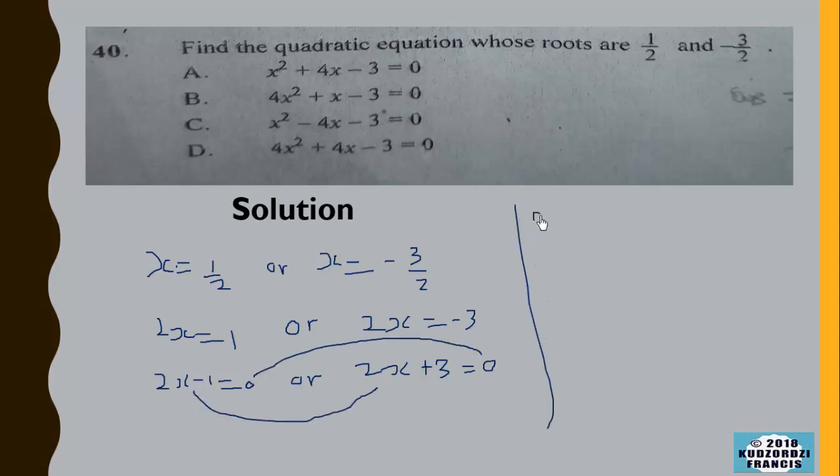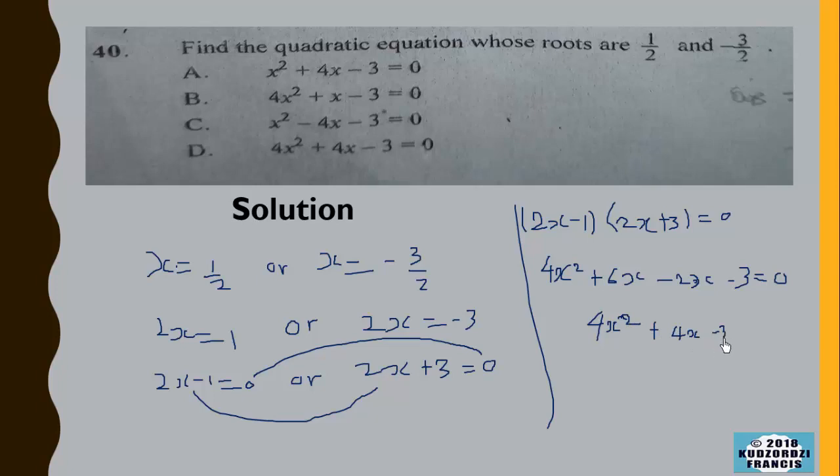So we just multiply the factors and equate to 0, because we are just working backwards. When we do that, we obtain something like this, and we expand now to get 4x squared plus 6x minus 2x minus 3 equals 0. So this gives us 4x squared plus 4x minus 3 equals 0. We have another approach too, but we'll use it in another example.